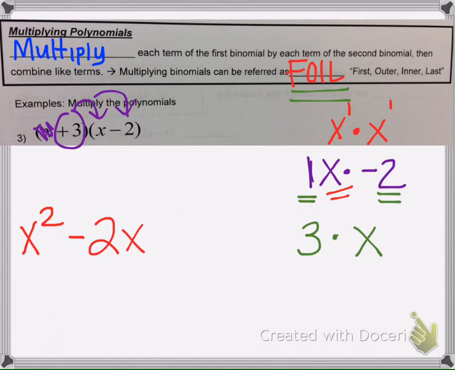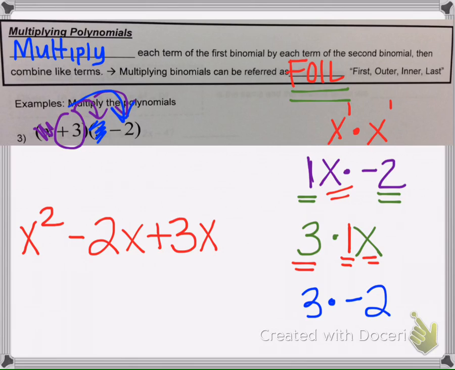So we have 3 times 1, because this 3 doesn't have a variable next to it. So 3 times 1 is 3, and then we have the x. And then lastly, we have 3 times the negative 2, which is negative 6.